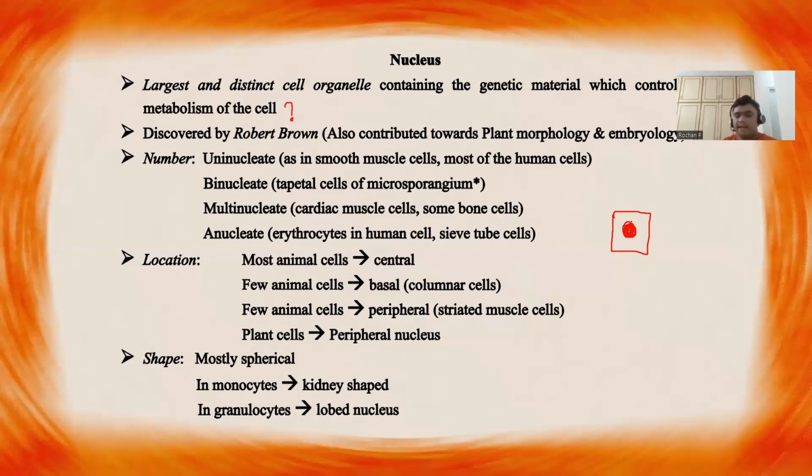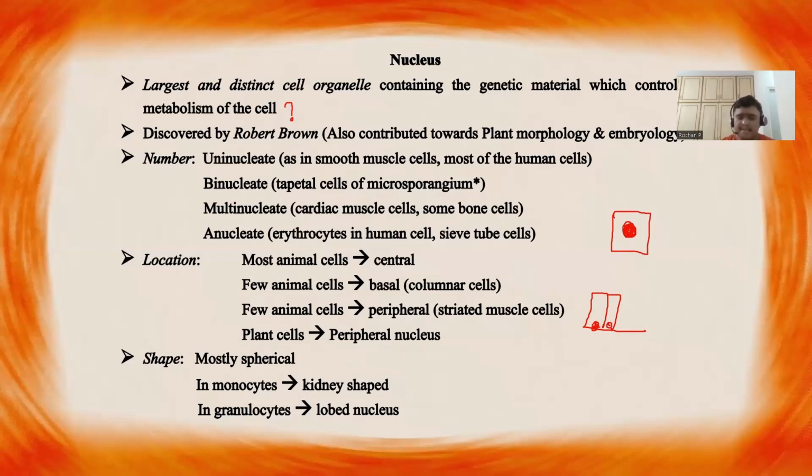Okay. Other few animal cells are also going to have basal nucleus. Where have we seen this basal nucleus? In structural organization in animals, we have seen that the columnar epithelial cells, they are pillar-like cells. They are going to have nucleus at their base. So if nucleus is present at the base position, it is called basal arrangement of nucleus.